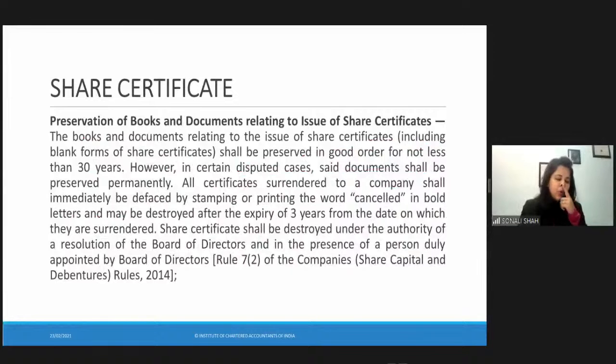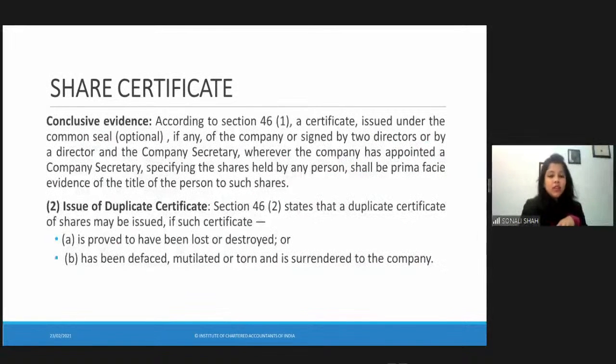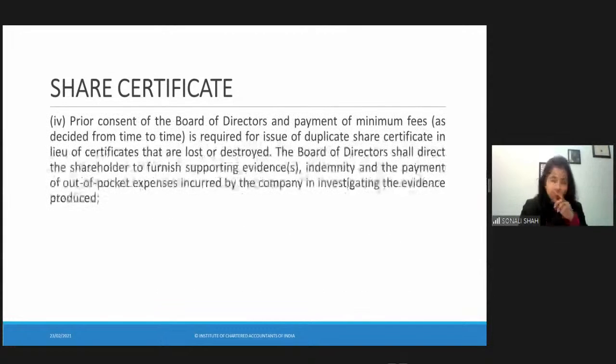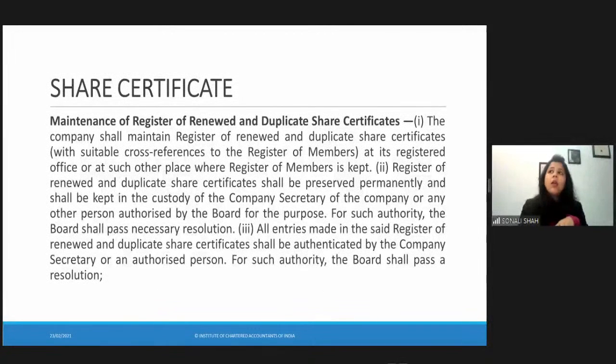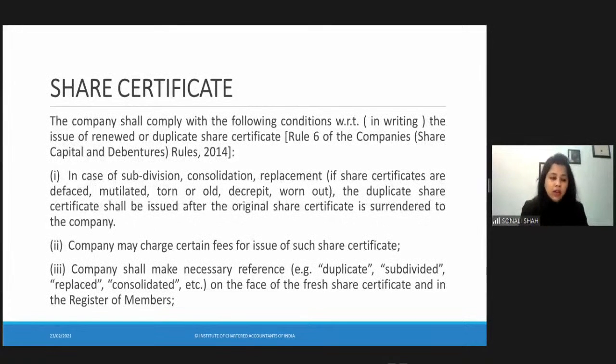Virendra, I don't know as such why the share certificates are destroyed only after expiry of 3 years and not immediately. The reason being, there could be a situation where there has been some forgery or loss of share certificates, right? So they are preserved for a certain period of time. Let's say if somebody's right is violated, he can come up and say that I have lost the share certificate, or there could be some dispute pertaining to share certificates.